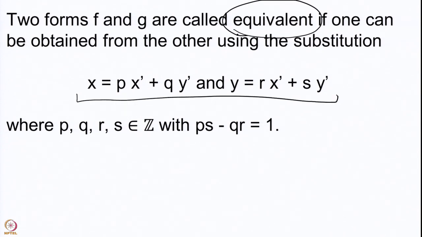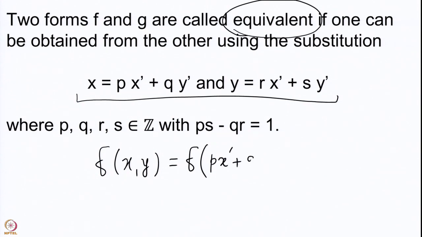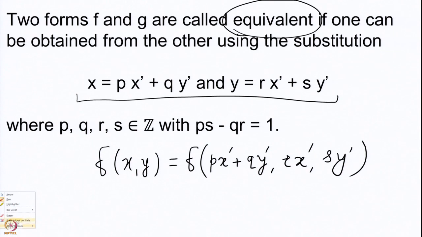You have your form f x y and here you substitute the values. Instead of x you will have p x prime plus q y prime, and instead of y you will write r x prime plus s y prime.